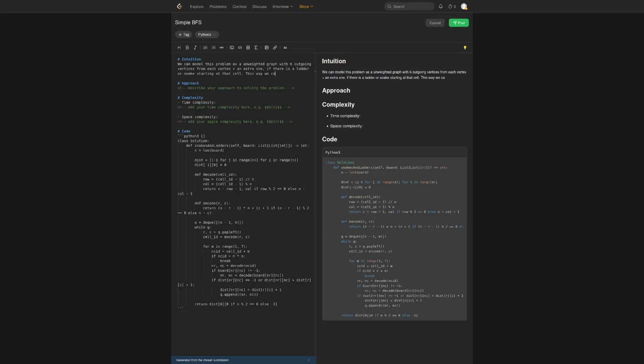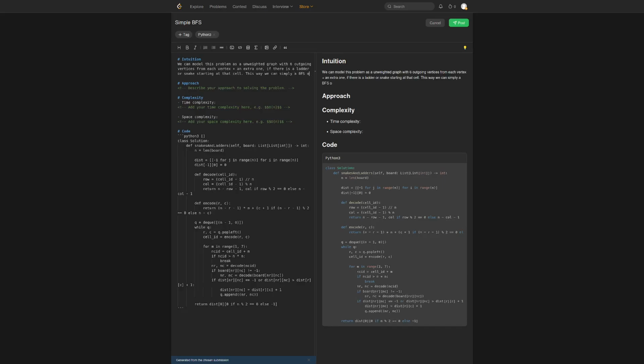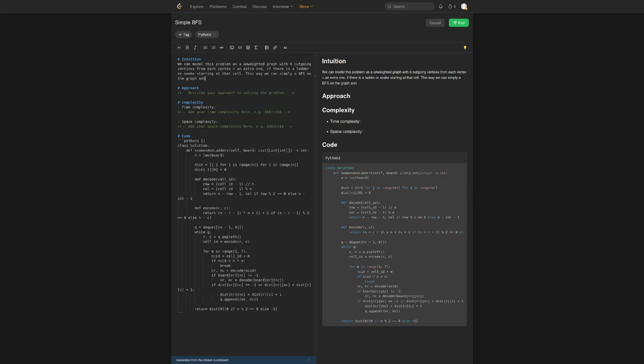This way we can simply do a BFS on the graph to find the shortest path from the top right corner to the last cell.